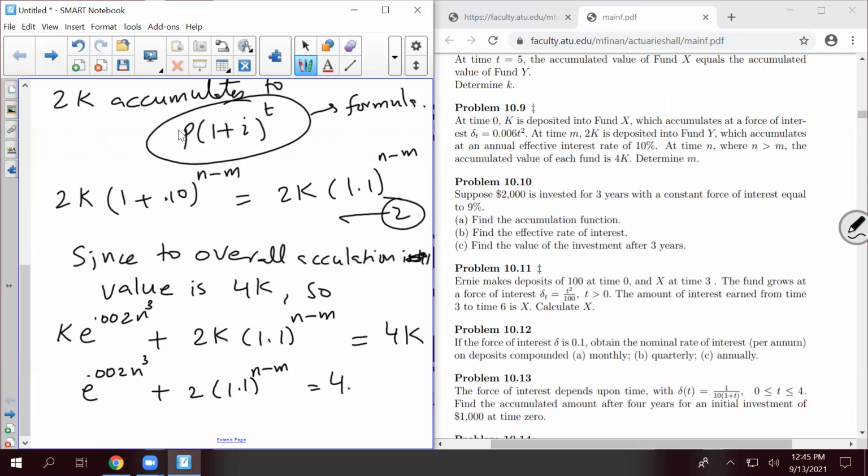And what is some other condition that we are missing here? Because we have to find M. So the only thing I can do from here is to get M in terms of N, isn't it? So see if that's what they have at the back. Look at the answers.